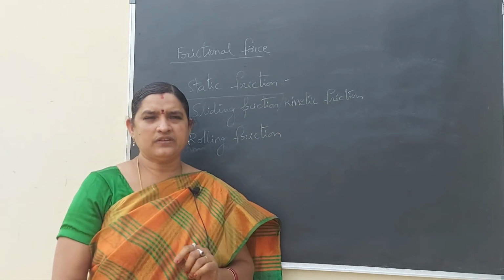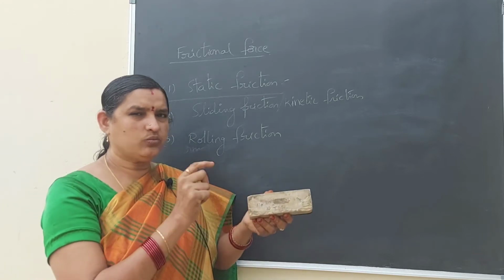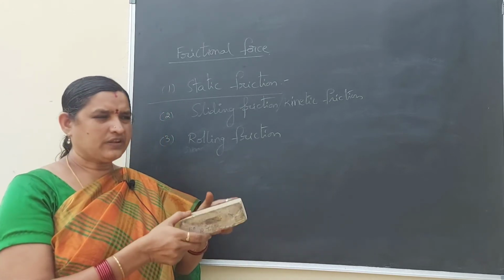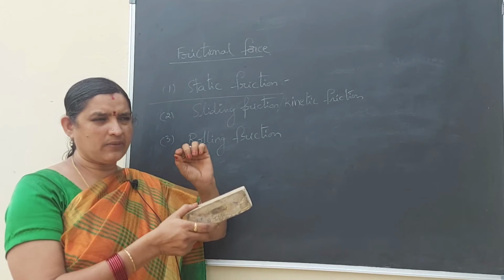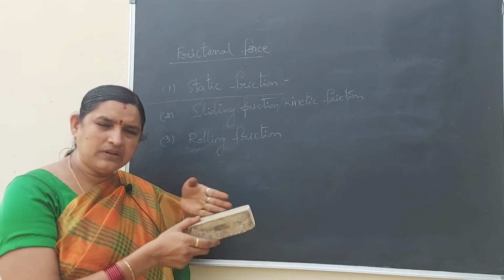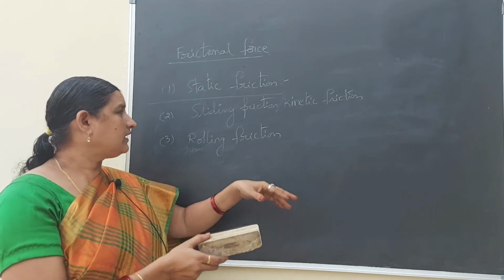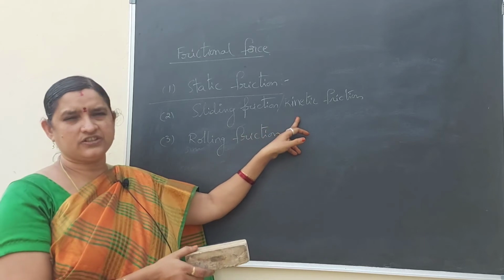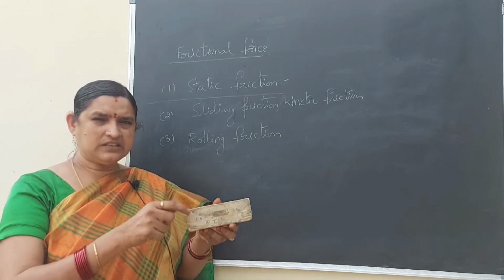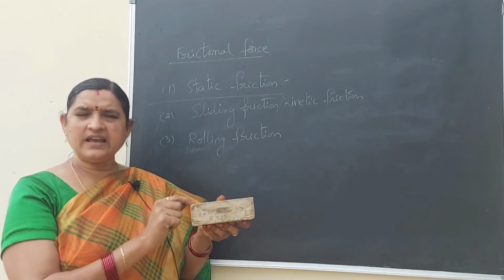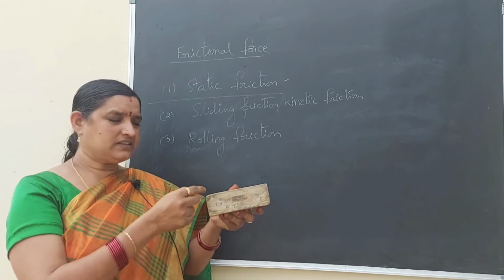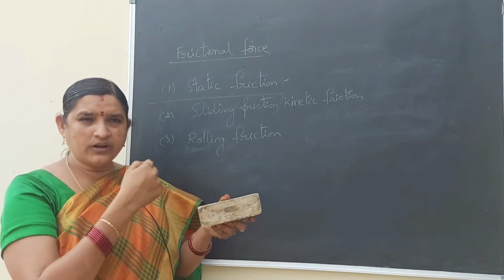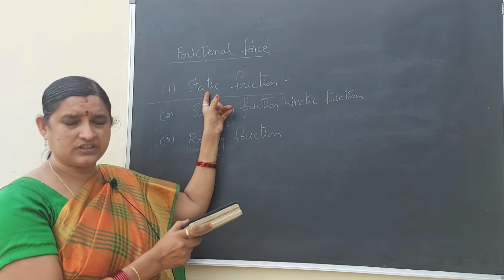For some time they will get ready to move. If you apply more force than that, the object will come into movement. At that time it is called sliding friction. When the object is in moving position, it has sliding friction. Before it is ready to move, it has static friction.